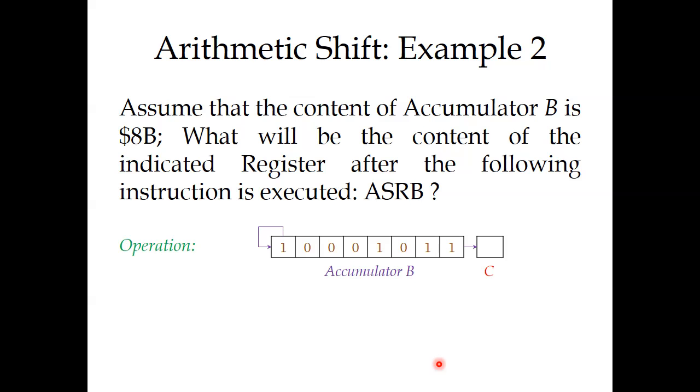Once we do the operation, this is what happens. This 1 is entered, because remember the 1 was here, so we entered a 1, and everything is pushed one position to the right, and whatever you had here that was a 1, you pushed it to the carry. So the carry becomes 1. It is also important to know that the carry flag is affected every time you run logical shift left, logical shift right, arithmetic shift left, or arithmetic shift right.